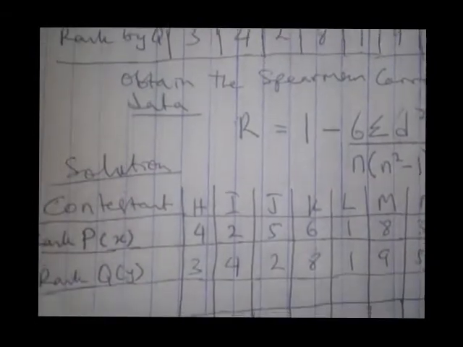Now we are talking of D. Remember we mentioned this D earlier. D is the difference in the ranking values in this particular question. So how are we going to get our D?